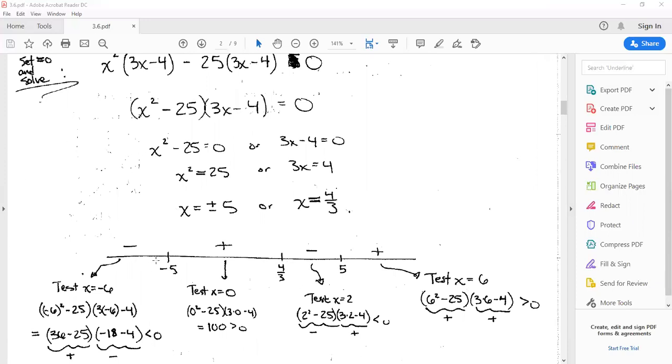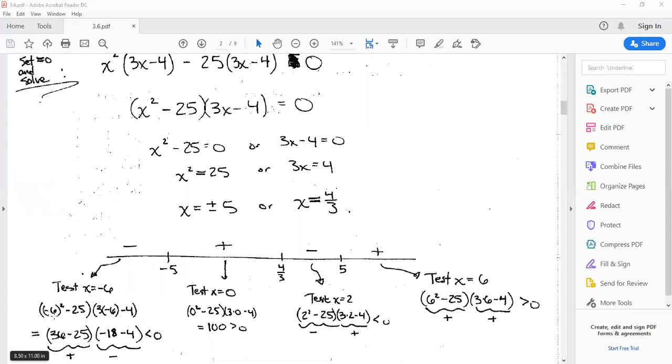In the first one, the set of x that are less than minus 5, I'm going to test x equals minus 6. And again, I'm going to evaluate the factored version. I could have factored it a little bit more: x squared minus 25 is a difference of squares, so it factors as x plus 5 times x minus 5. But we don't need to go all the way.